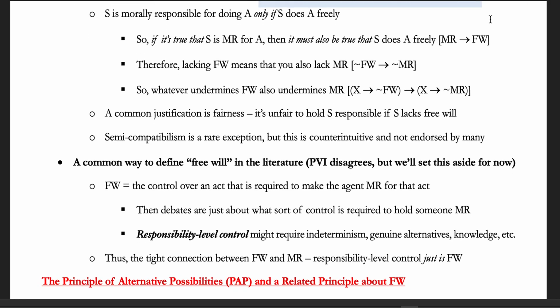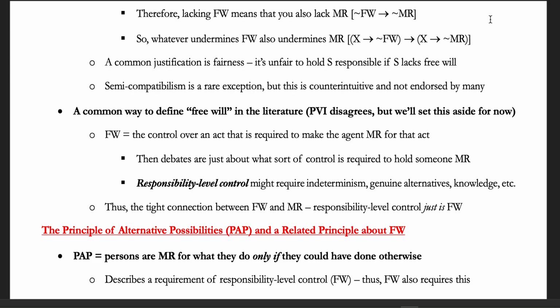Someone is responsible for what they do only if they could have done otherwise. It's required that they be able to do otherwise. That is PAP. So someone who thinks PAP is true thinks that responsibility requires alternative possibilities.